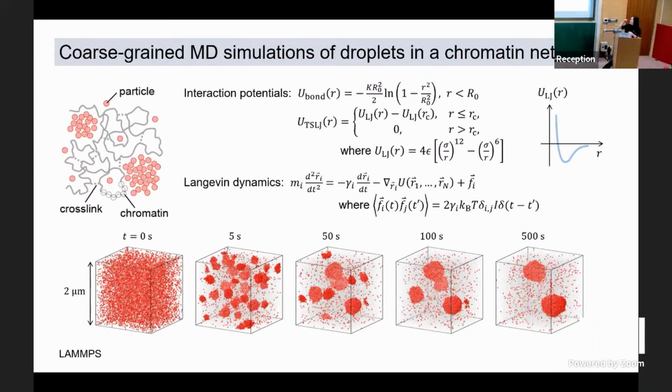As we tune on the attraction between the red molecules, small droplets form almost everywhere. Then with time they merge, some of them coarsen, and at the end we see two droplets in the simulation box. If we keep that going, you get one.